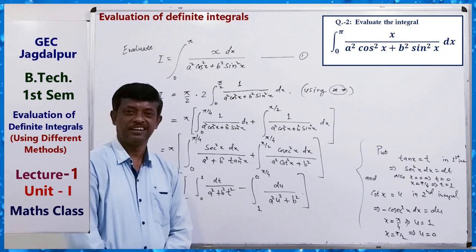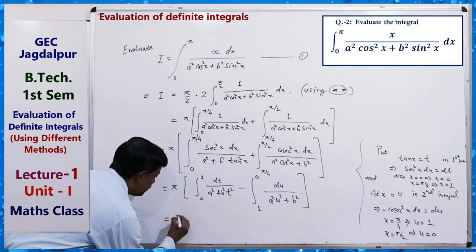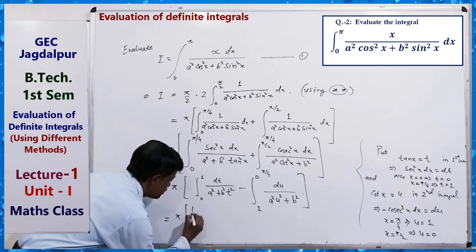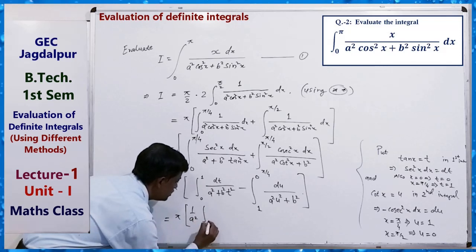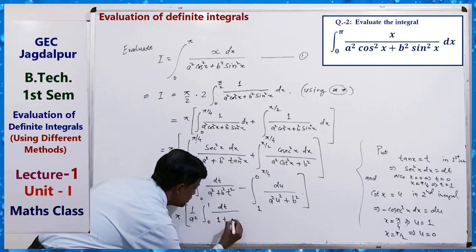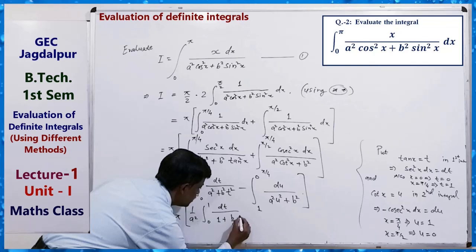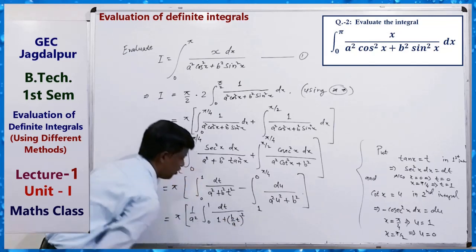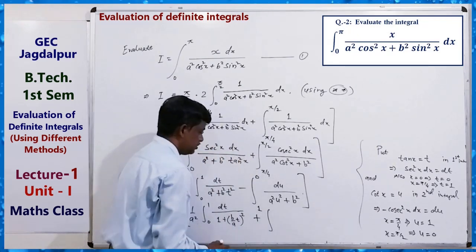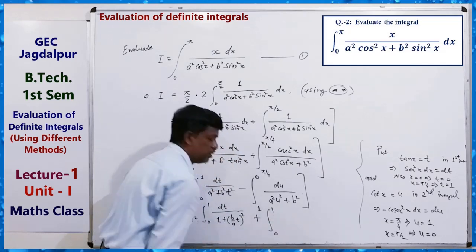This is the converted integral. Now we can see that in the first integral, if we take a square common, we get 1 by a square integral 0 to 1 dt upon 1 plus b by a t square. And in the second integral, if we write a plus sign here, then we can write 0 to 1.